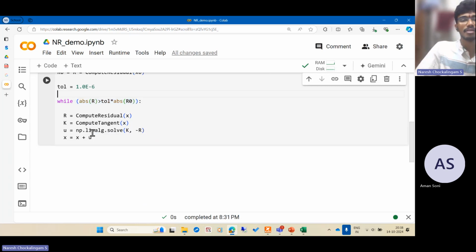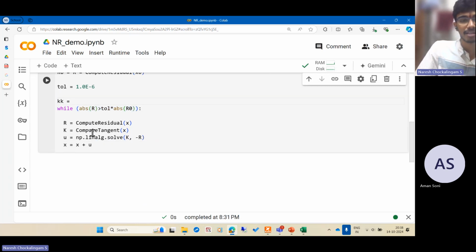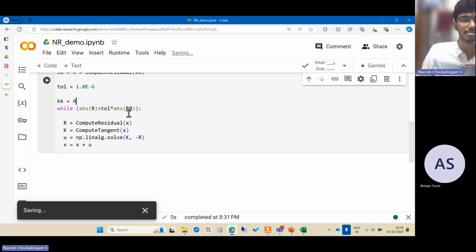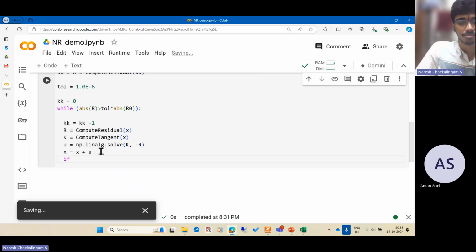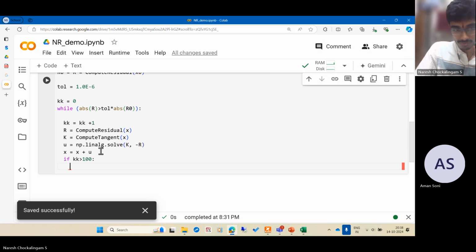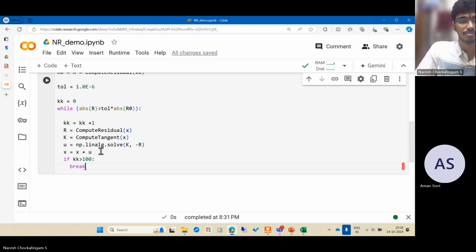But it shouldn't run into an uncontrolled loop, or if it is diverging, we need to have a check. So let me have a counter. In case it is running away into some uncontrolled loop, if say it takes 100 iterations, if KK is greater than 100, break the loop.